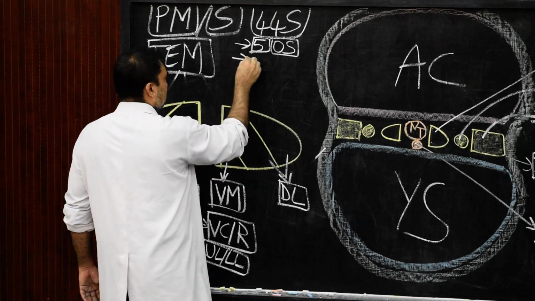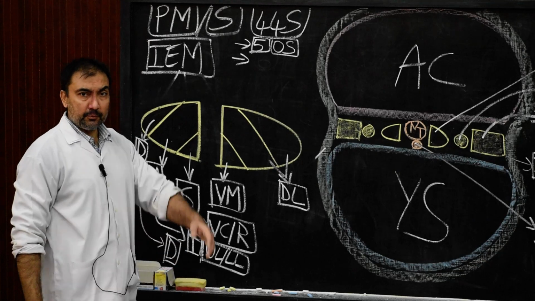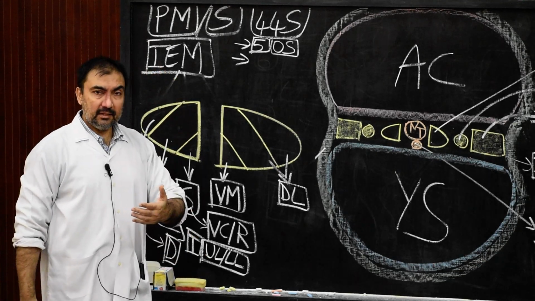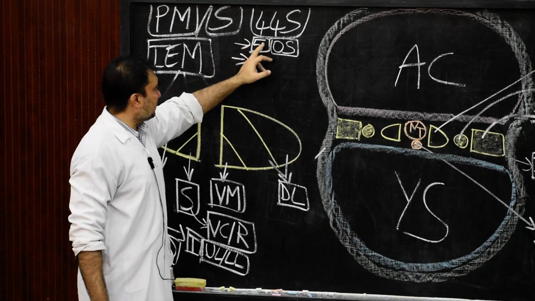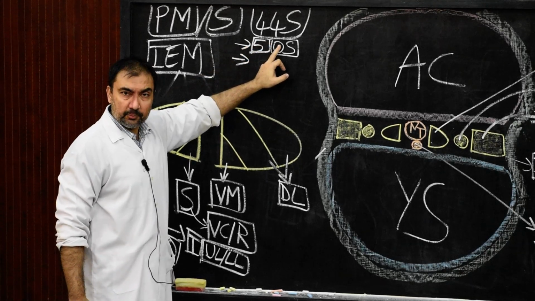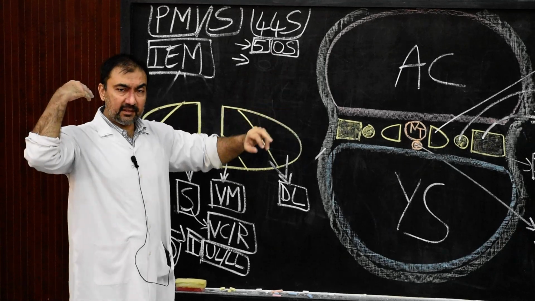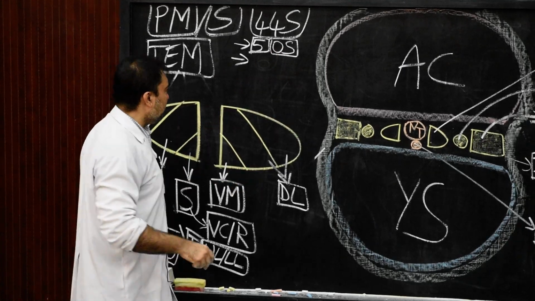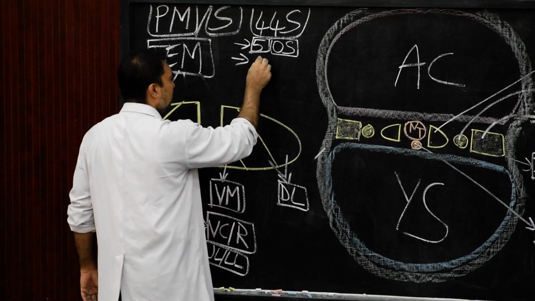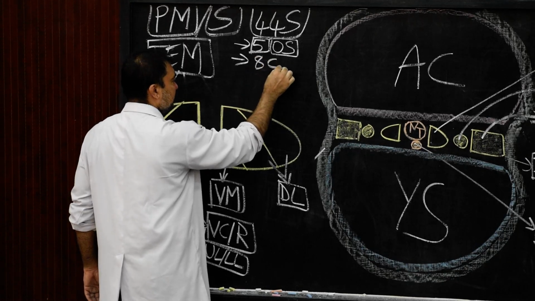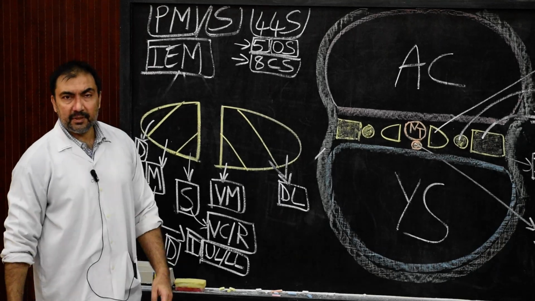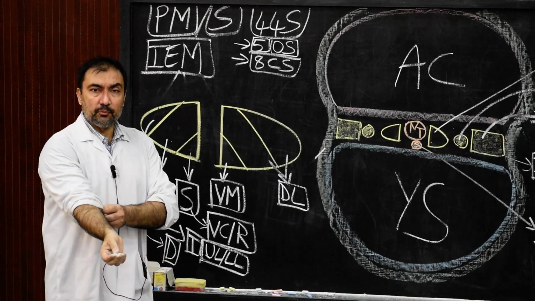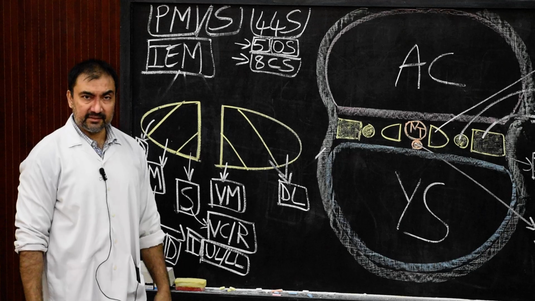Remember, these are the 44 pairs of somites, so we are counting them. The cephalic most of these 44 pairs will be 4 to 5 pairs of occipital somites, and we know they are present around the occipital region. Next there will be 8 pairs of cervical somites below the occipital somites.